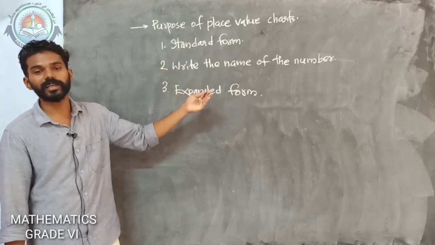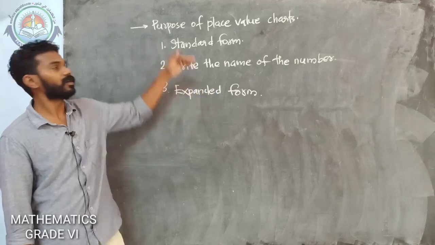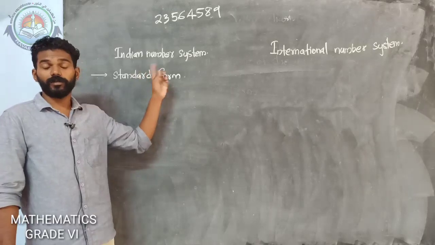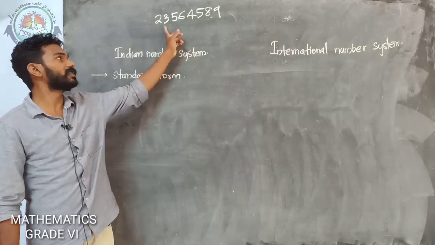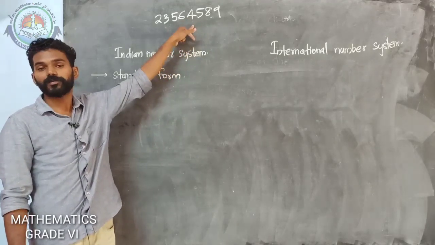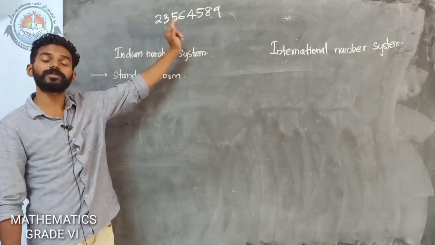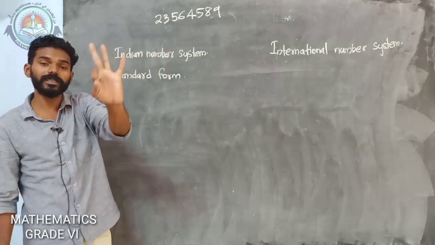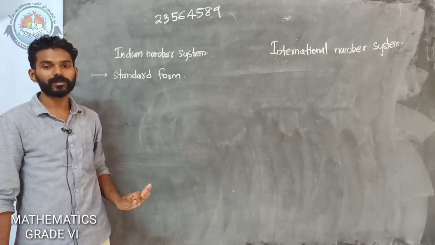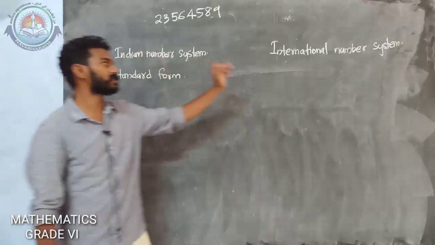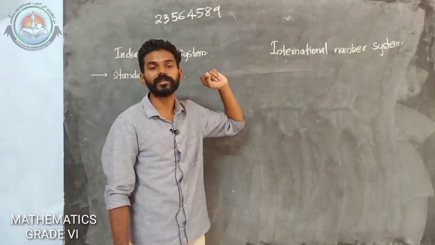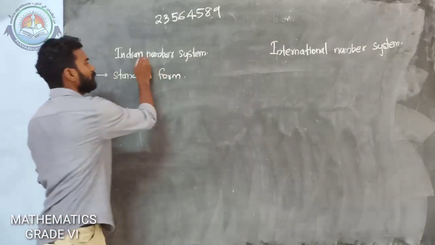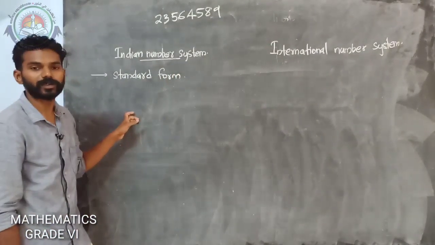So let's take an example and check how these can be done. Look here, students. Here is a number given for you, and we are going to express this number in three different ways, both in the Indian number system and the international number system. First of all, we are considering the Indian number system.